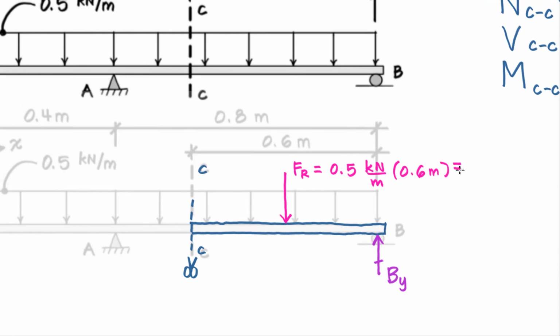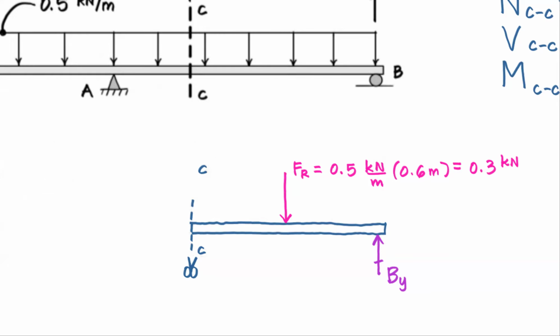So half of 0.6 is 0.3 kilonewtons, which is how much force is going to be on this free body diagram. And I'll go ahead and get rid of that one. I don't need that layer anymore.